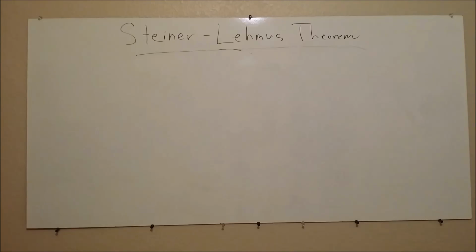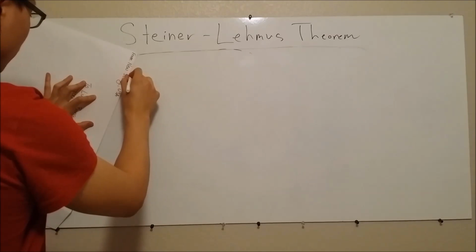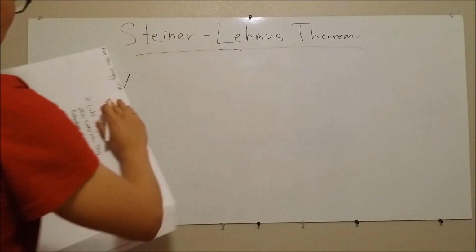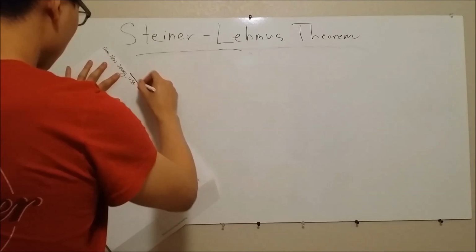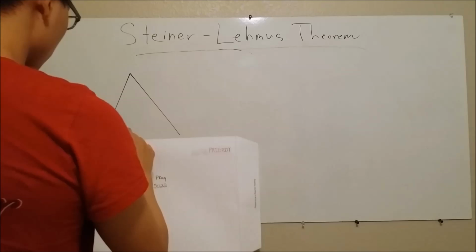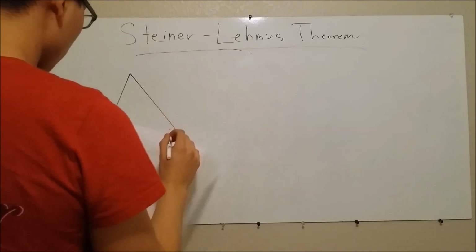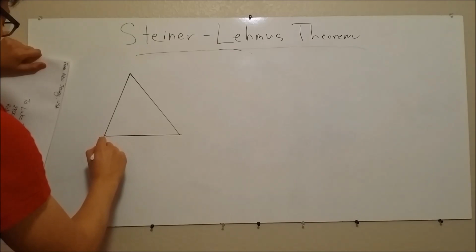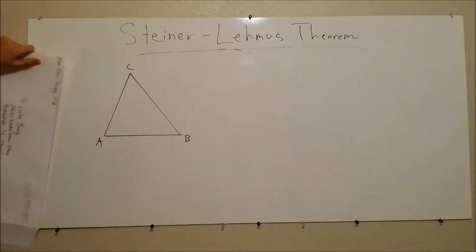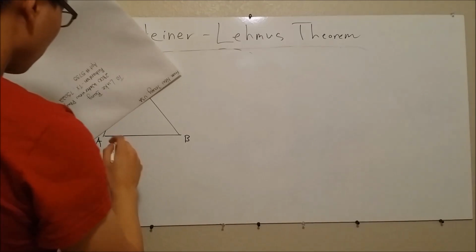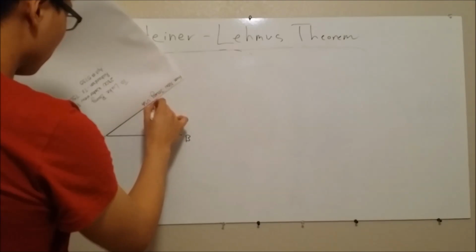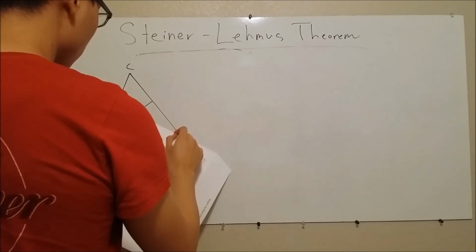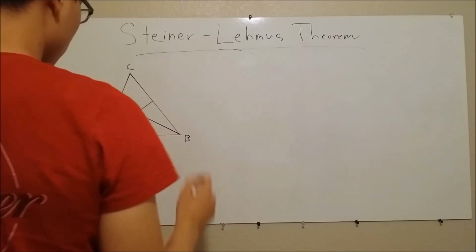Okay, so now onto the proof of the theorem itself. We'll start out with the diagram. Right, we draw our triangle like so. Okay. Now we label it A, B, and C. Alright. And now draw the angle bisectors. Right?